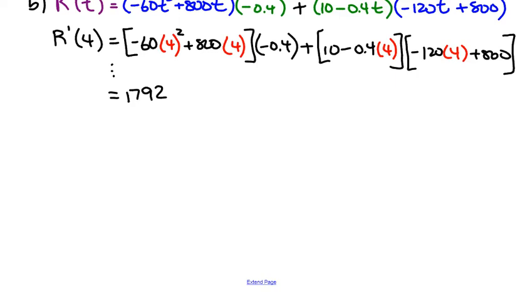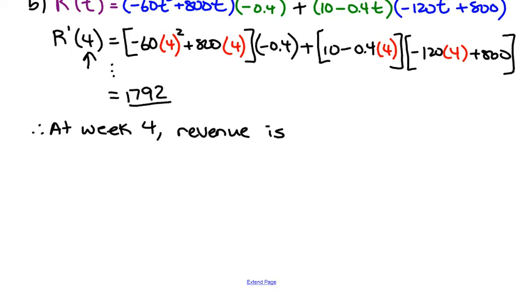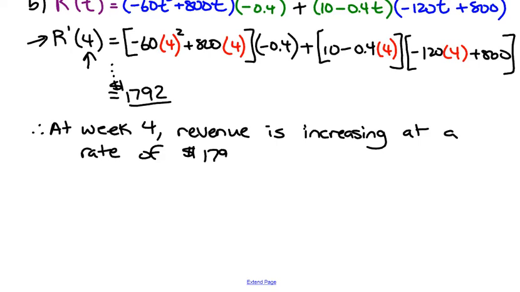What does that actually mean? Well, it means at week 4, because you're talking about when T is 4, your revenue is, and this is a rate, like what you just found is a rate, so you say it's increasing because it's positive, at a rate of, in dollars because we're talking about revenue, $1,792 for every week.